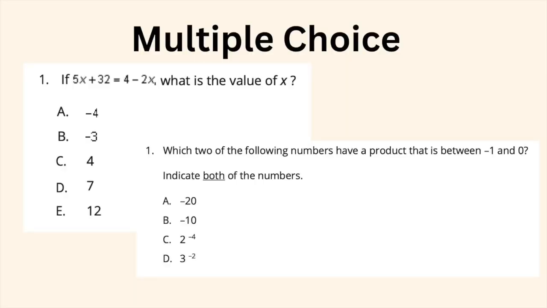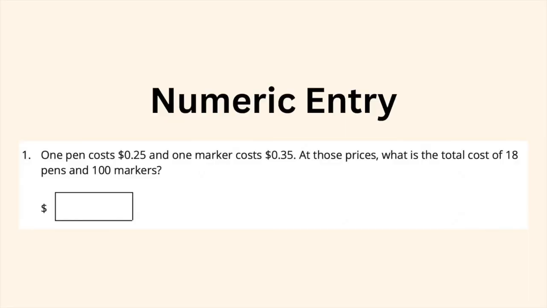You also have the classic multiple choice, and a lot of these will be single multiple choice answers, but you'll see multiple choice questions as well. Lastly, you'll see numeric entry, which means that you have to input an actual number. This doesn't necessarily mean that those questions are going to be harder. It just means that you're going to have to come up with a number yourself.